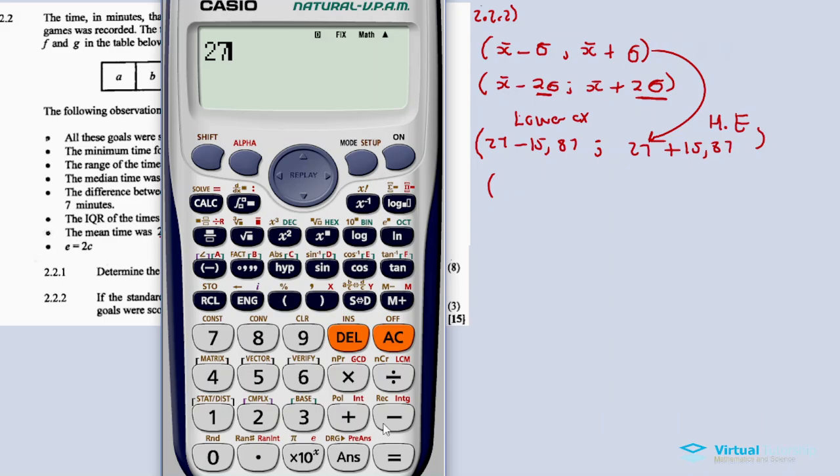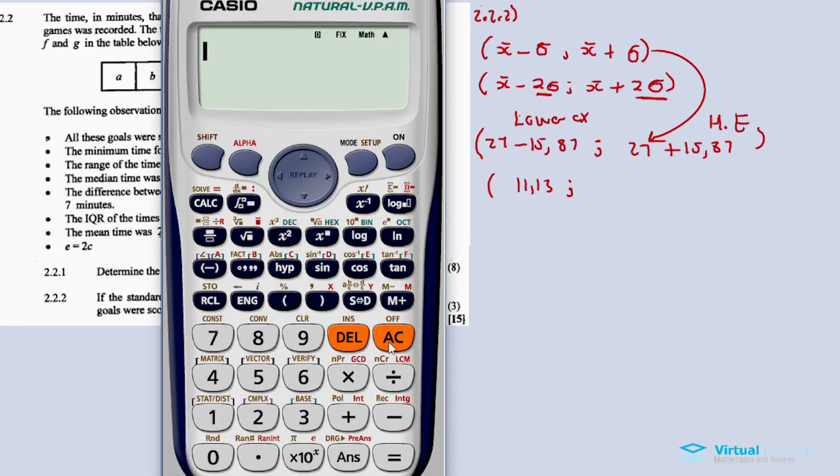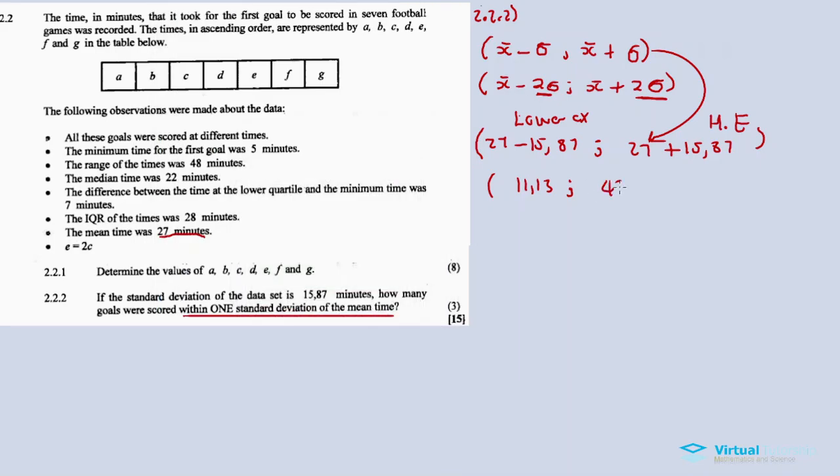So it's 27 minus 15.87, which is equal to 11.13, and 27 plus 15.87 is equal to 42.87.